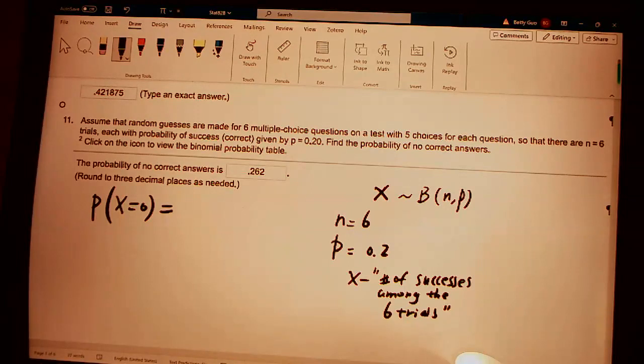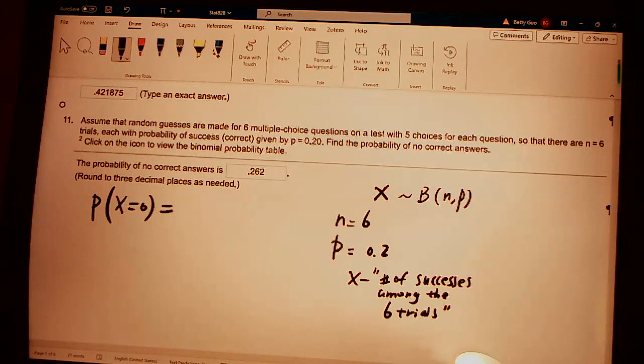So here we use the random variable x to represent the result. X equals 0 represents the event that you guessed the 6 questions and you got them all wrong, sadly. That is how we express the events by using x. So here we are looking for P of x equals 0.